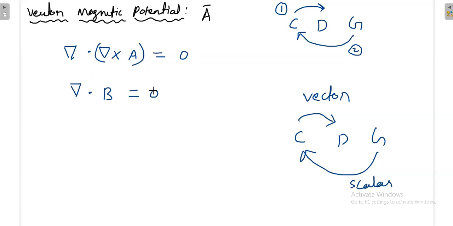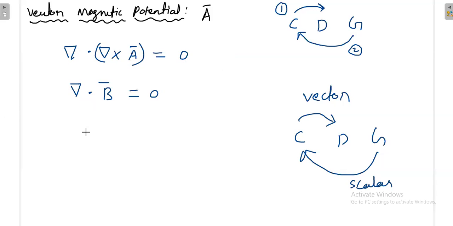For a magnetic field anywhere on the space, del dot B is also 0. Then from this equation it is very clear. And again, please remember, the A can be anything actually. So you can take any A, first you calculate the curl, then you take the divergence, then finally you will get 0. A can be anything, but del dot B is equal to 0 for any magnetic field.